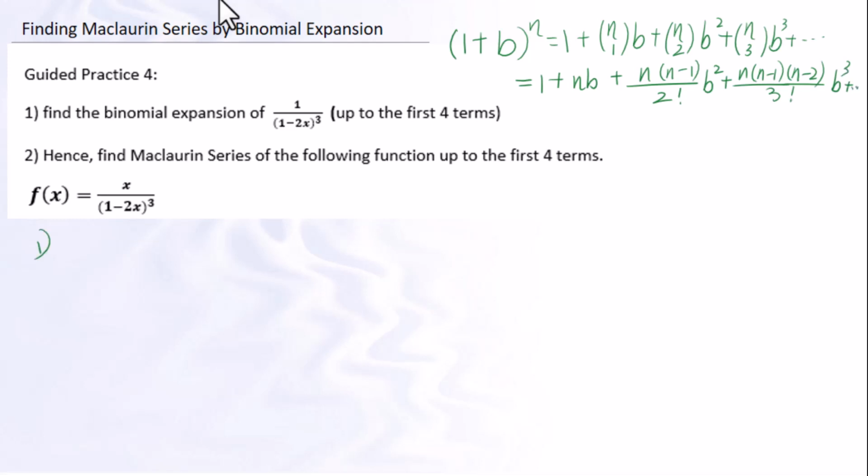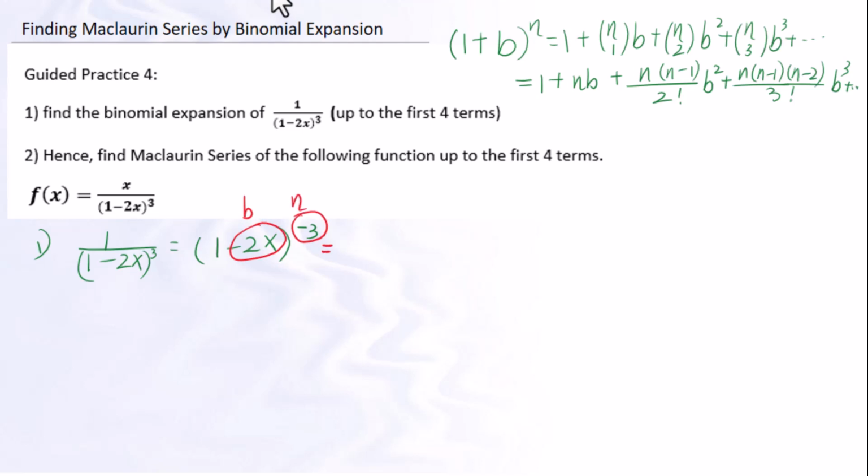So for 1 over 1 minus 2x to the third power, we can write down 1 minus 2x to the negative third power. This will be b, this is n.